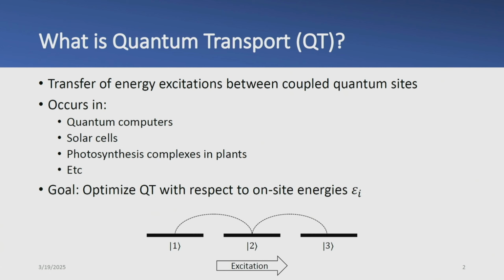I'm thinking in general just about excitons, and bosonic excitons at that. Quantum transport occurs in devices like solar panels or quantum computers, and there are many applications where we might want to optimize transport when we think of a system design. And that's the point of my research: I want to tune the on-site energy splittings of my system such that quantum transport is maximized through it.